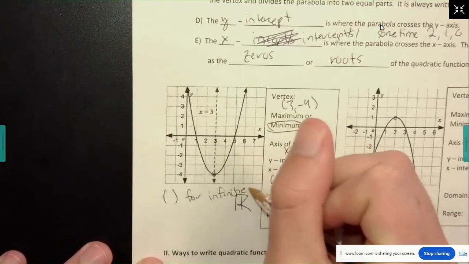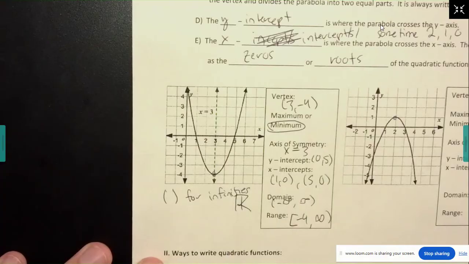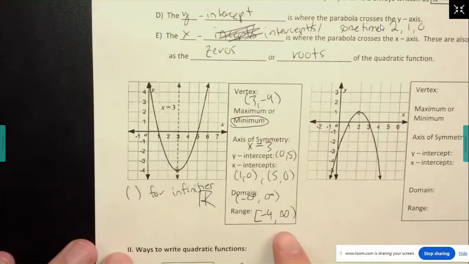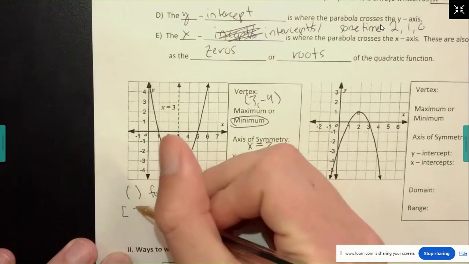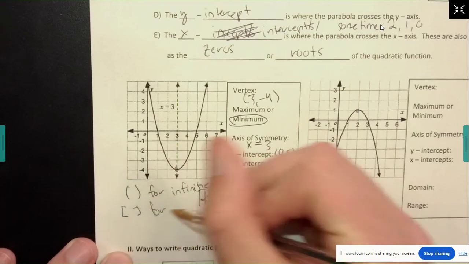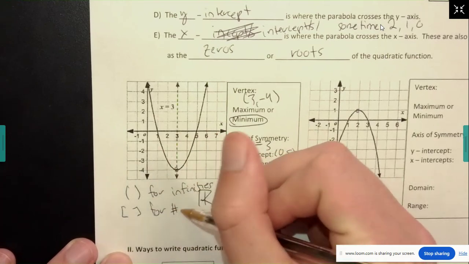I use parentheses for positive and negative infinity. Whenever I have an infinity symbol, I always put the parentheses, and I'll use brackets for numbers.